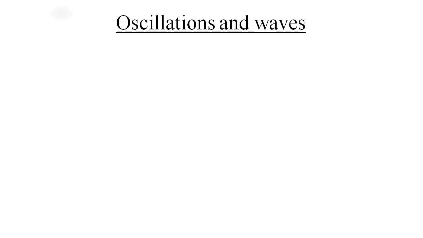Now I would like to start with our fourth chapter, which is oscillations and waves. In this, we have to study the topic SHM, that is simple harmonic motion, and the equation of SHM, and some examples like oscillations of a simple pendulum, loaded spring, etc. Then we have to study the damped harmonic oscillator.